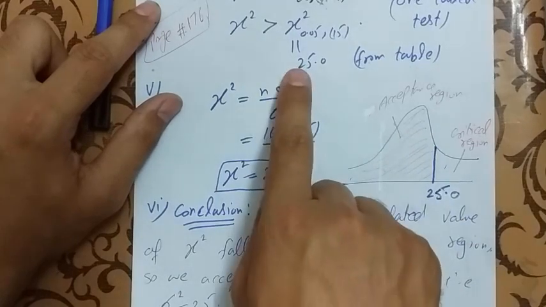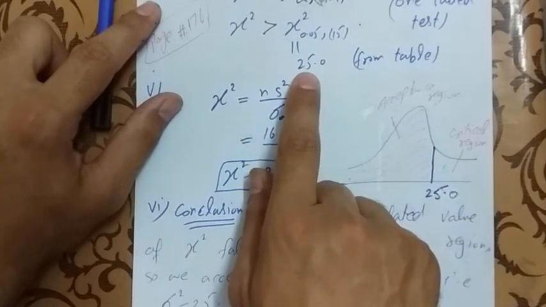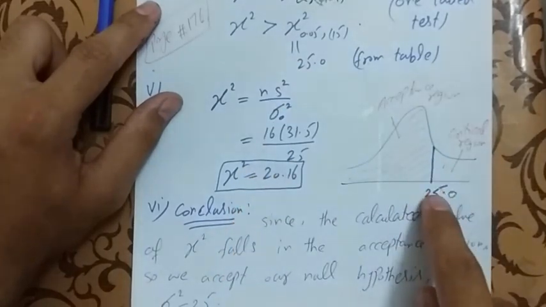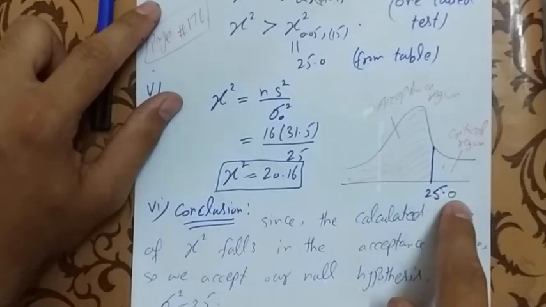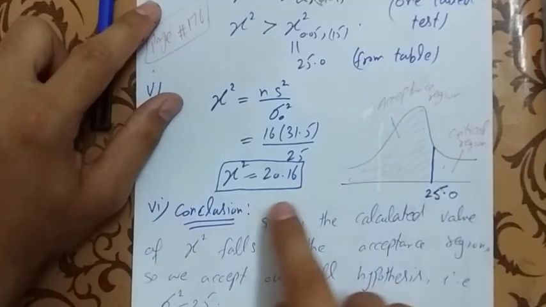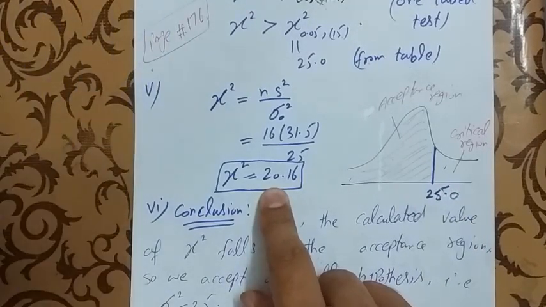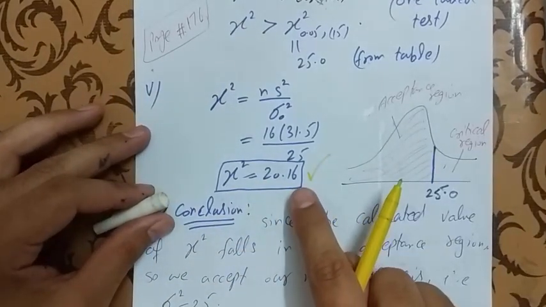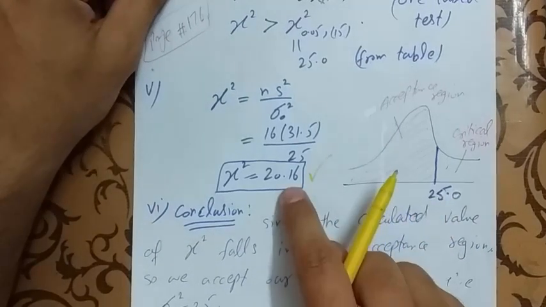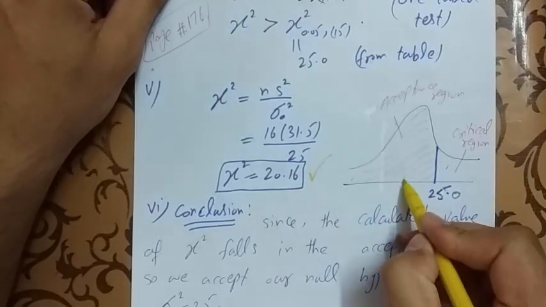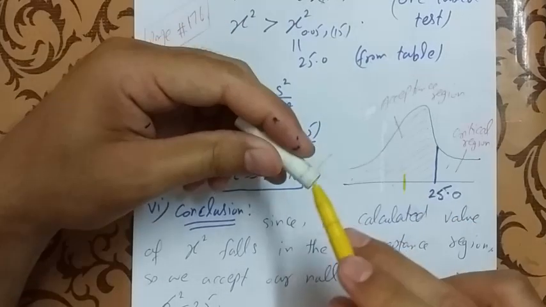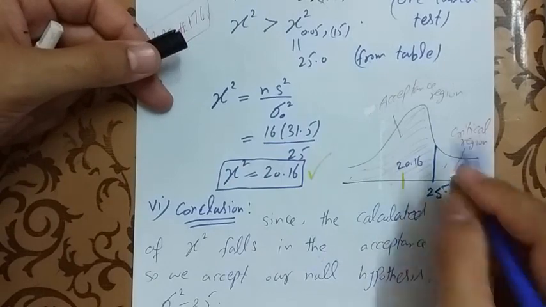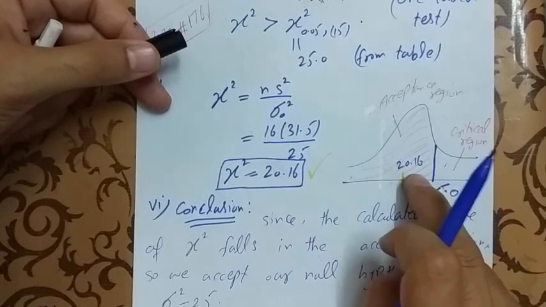Here 25.0 is the value obtained from the chi-square table, but our required result is 20.16. This result lies on the left side, in the acceptance region.